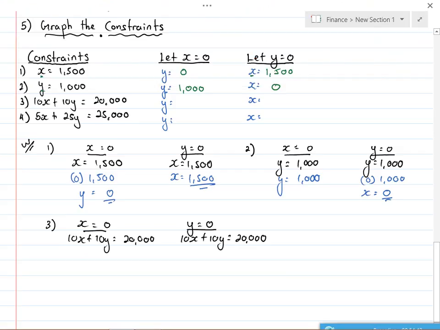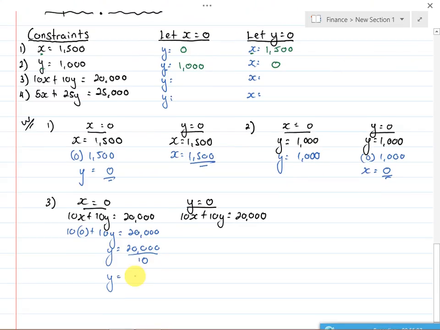So substitute 0 into the equation. So how much you should get? 2000. And here it's also going to be the same.